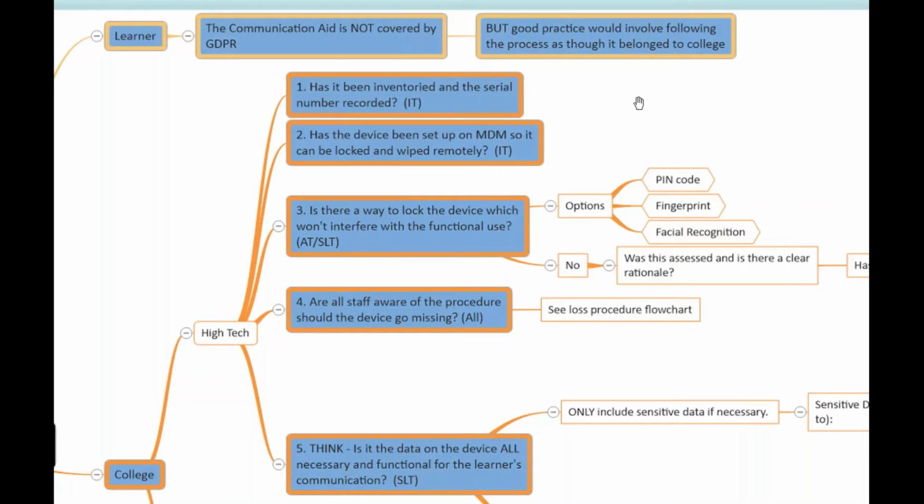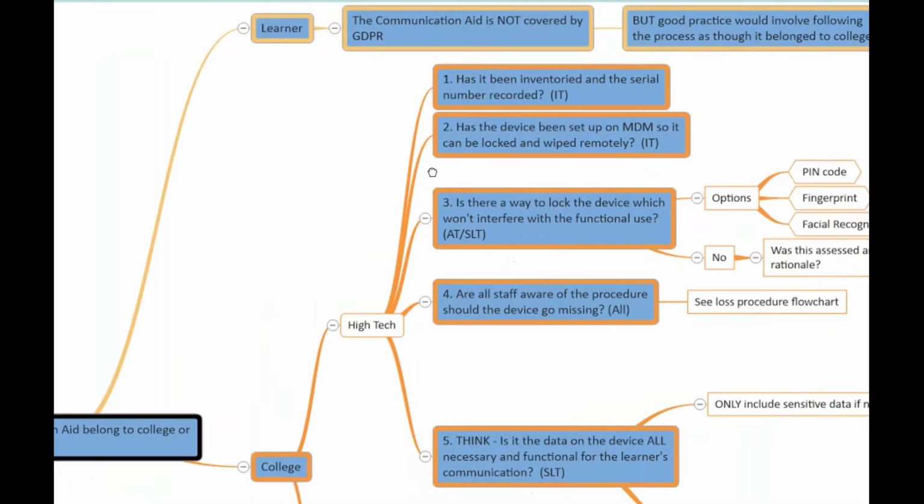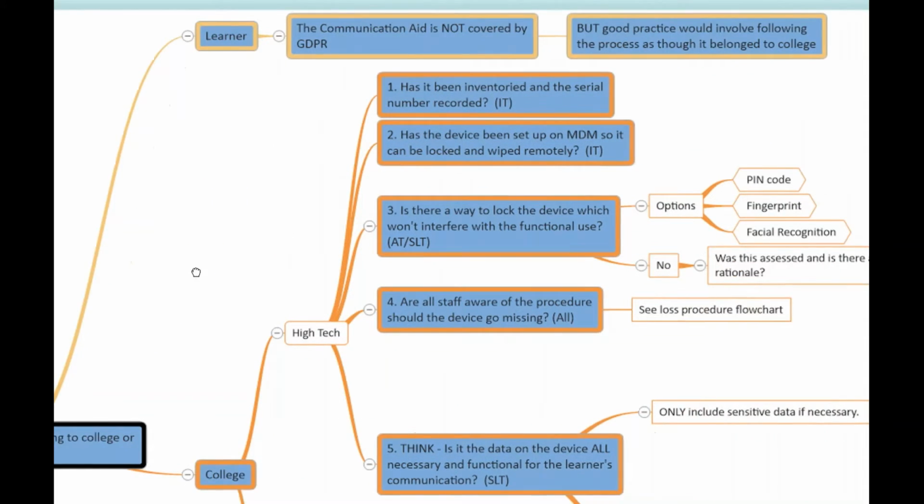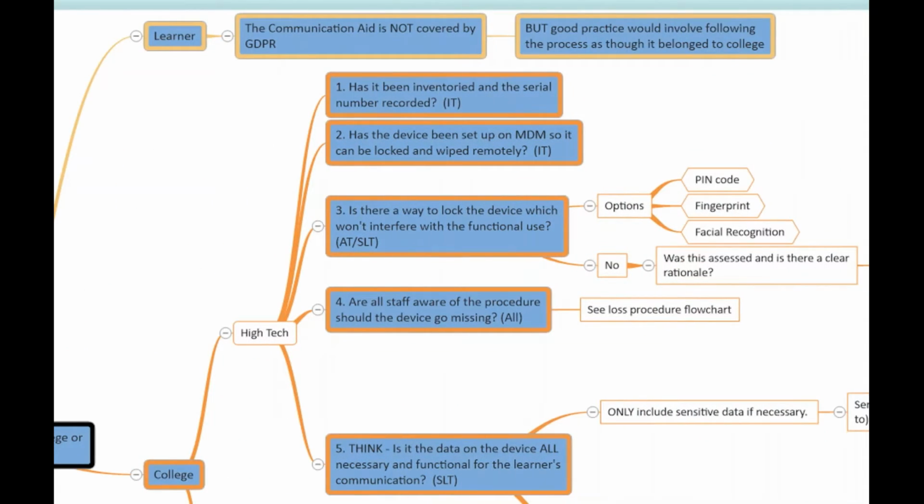So even though the communication aid doesn't belong to the learner or the individual, it might be that you're influencing that process. You're putting photos onto it, you're adding text, you're adding information, and therefore you still do have, I would call it, a moral responsibility to make sure that good practice is followed.